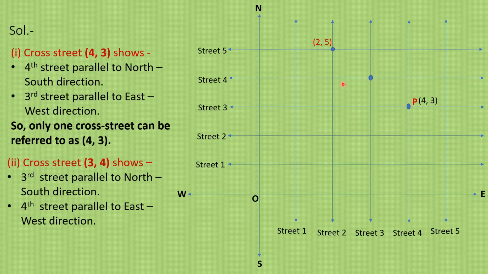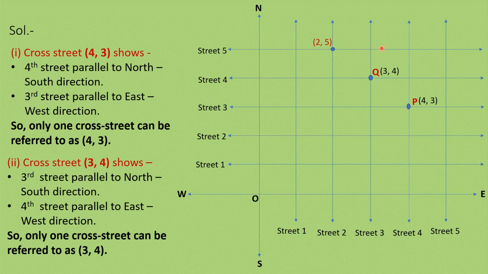Second number is 4, which means parallel to east-west, and the first number is 3, which means parallel to north-south. Suppose we write it as Q. For this cross section, also called a cross street, there is only one cross street which can be referred to as 3, 4. That means there is only one cross street for both the points.